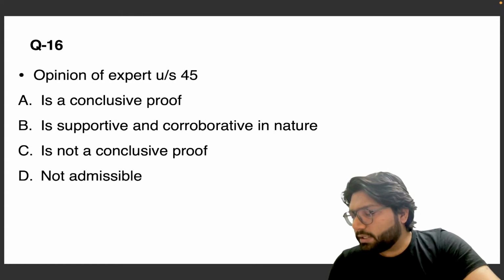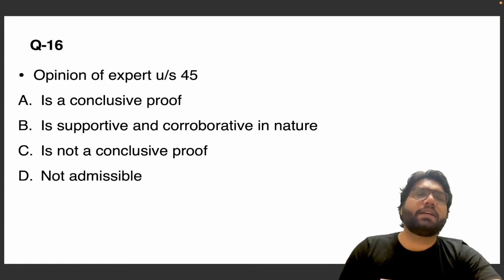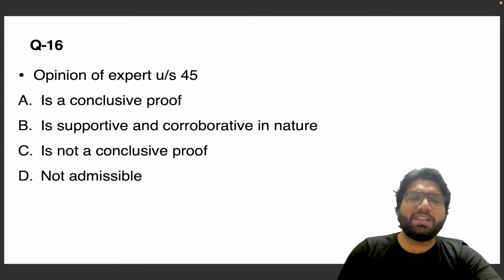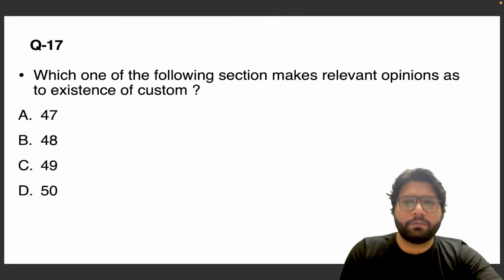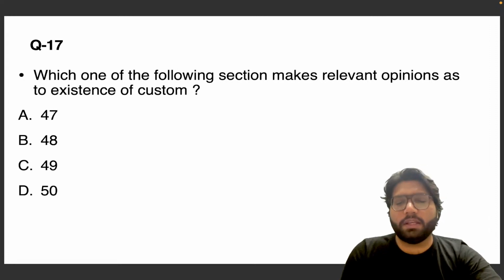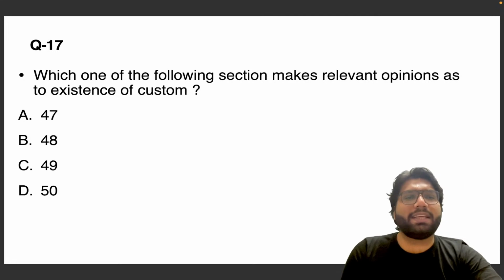First one to answer, Sapna, then Amit and Shivani. B is the correct answer, students. Opinion by expert is basically supportive and corroborative in nature. Which one of the following sections makes relevant opinions as to the existence of custom?